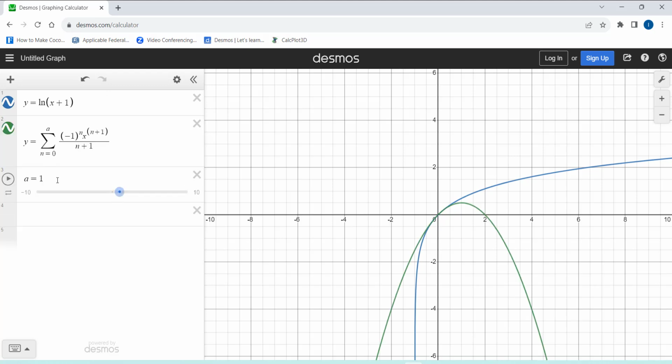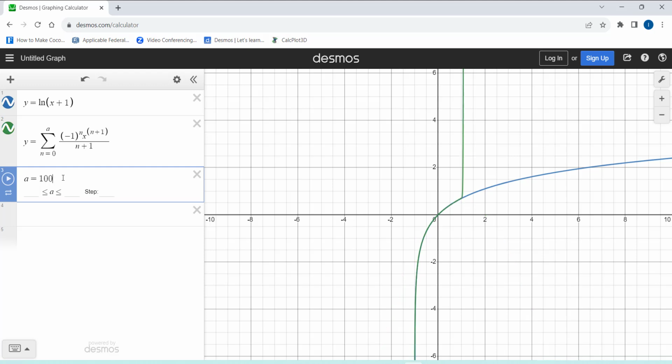Now notice, let's make this go to 100 again, that as we get closer and closer, this green graph wanted to be the blue one, and it's centered at 0, and that interval of convergence is from negative 1 all the way to positive 1.